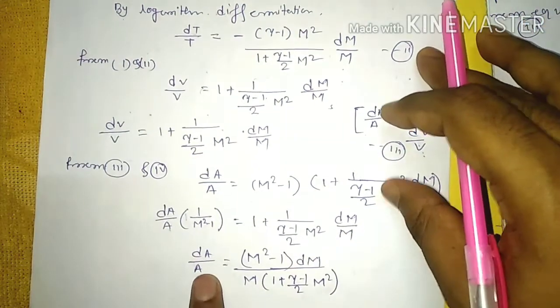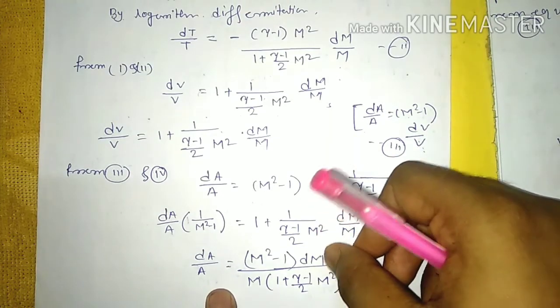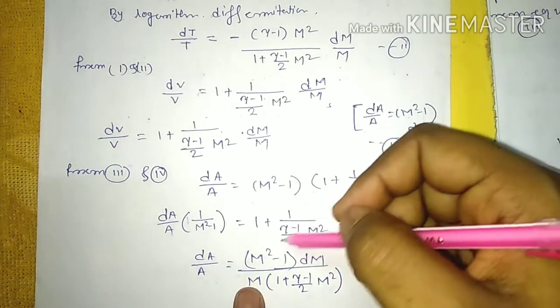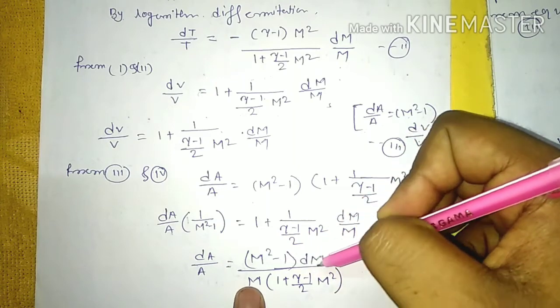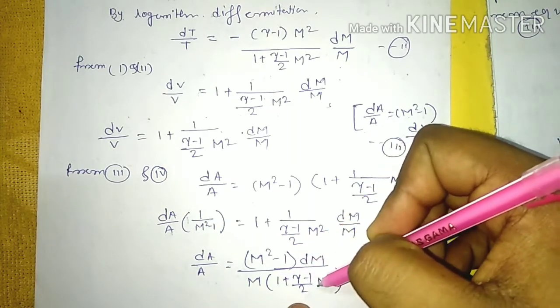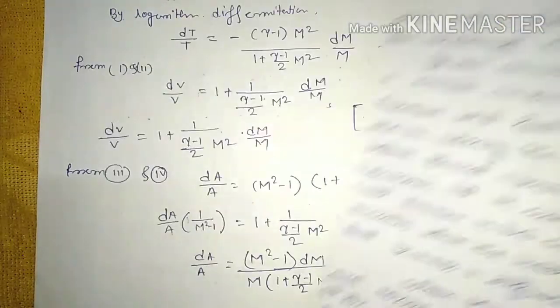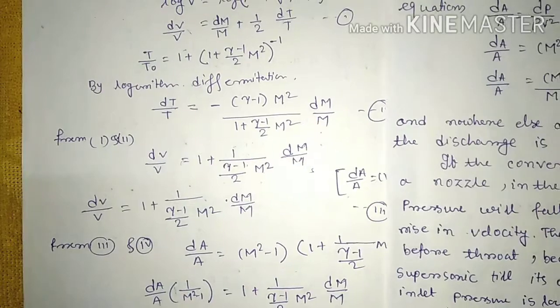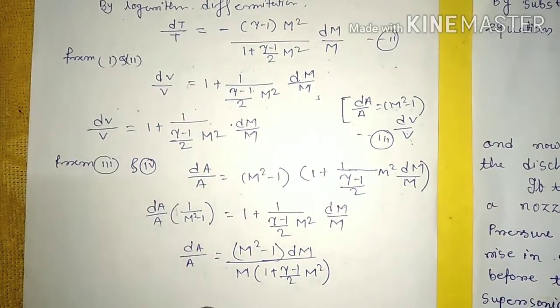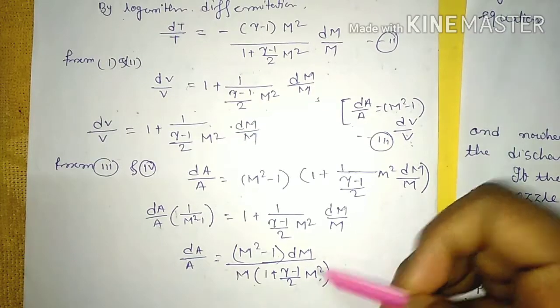In terms of dA by A, the expression after calculating all this is M square minus 1 into dM divided by M into 1 plus gamma minus 1 divided by 2 M square. So this is one expression, dA by A is equal to M square minus 1 into dM divided by M into 1 plus gamma minus 1 by 2 into M square.